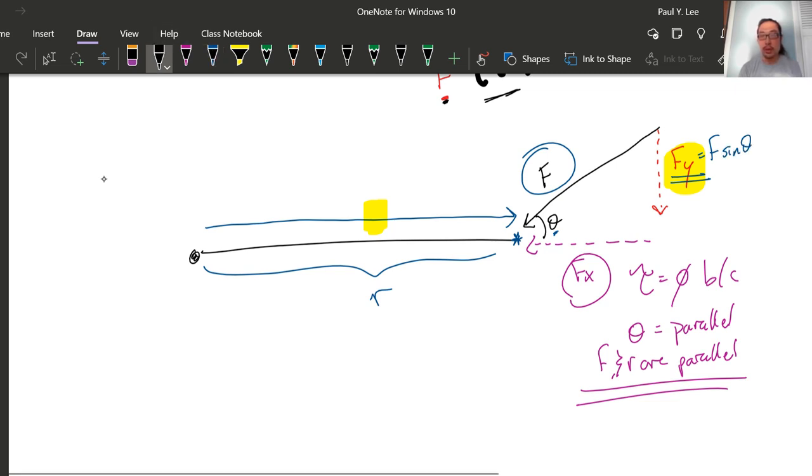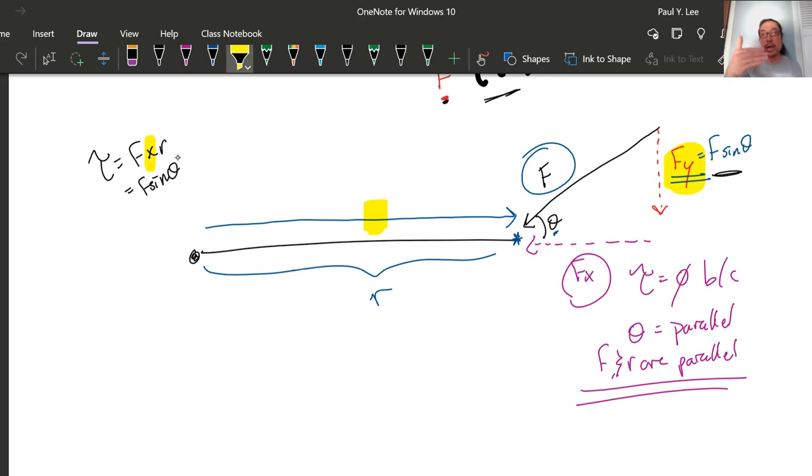And we can see here that the torque will be F cross R, and our F here is F sine theta. Remember that with the cross product, we're just looking at the perpendicular nature, and because we are already identifying that Fy is perpendicular to R, we don't have to add another sine theta to that. But look what happens here: F sine theta times R gives us our torque formula.